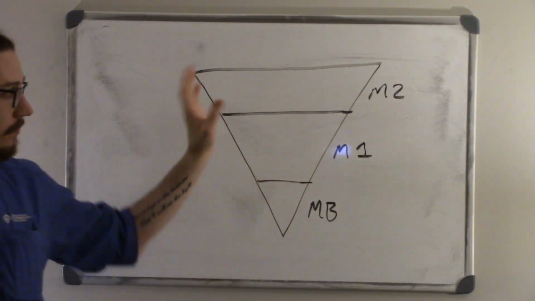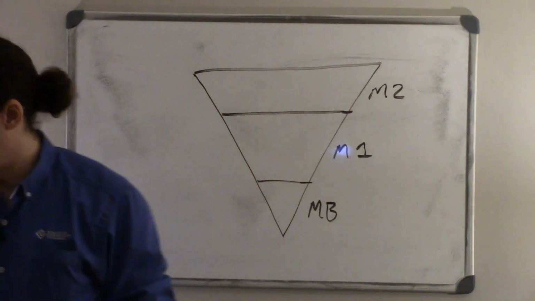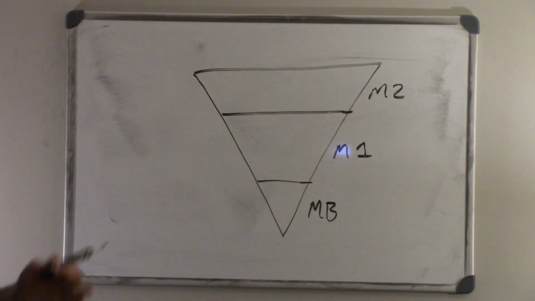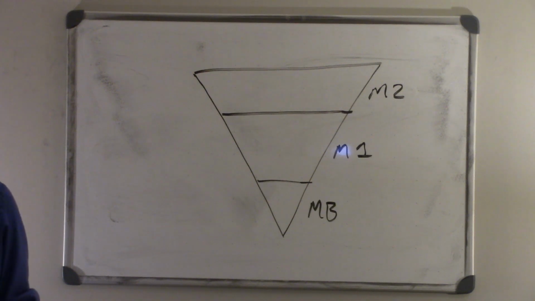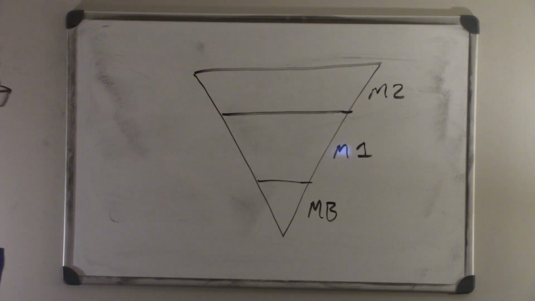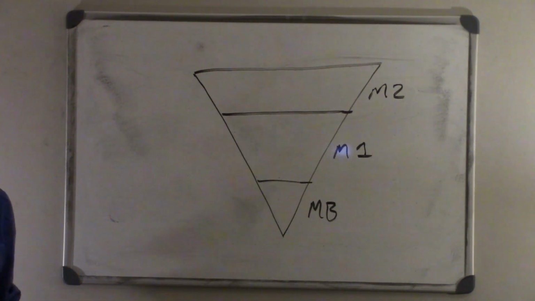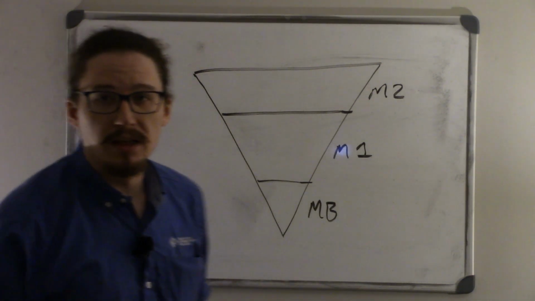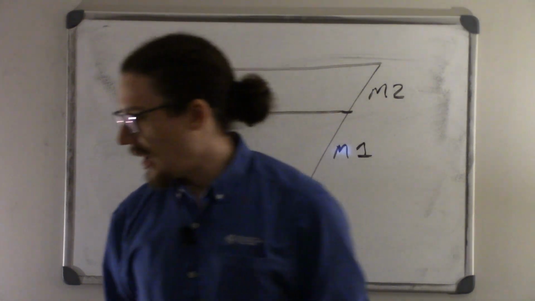But M1 and M2 represent a larger percentage of that money supply. So this makes it difficult to use monetary policy because the Fed doesn't have full control of the money supply, so they can't make really precise things happen. That's something that we want to keep in mind as we go forward.